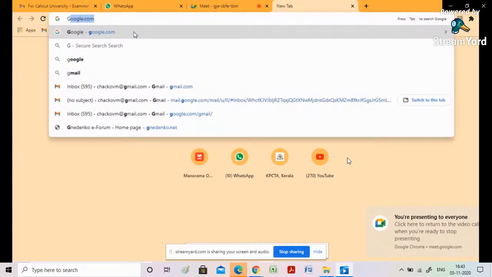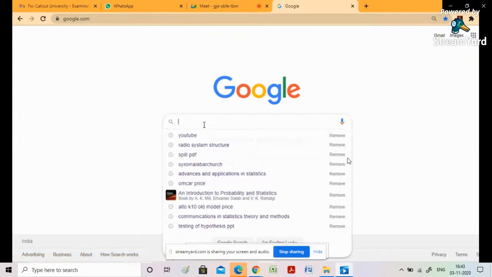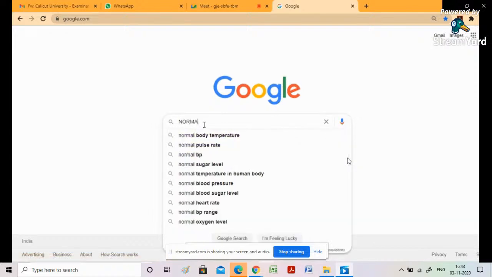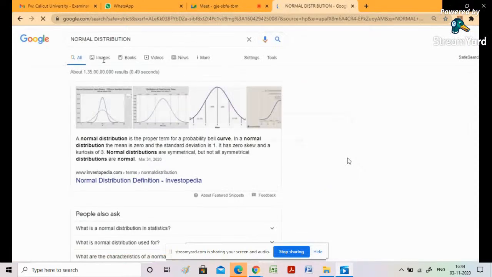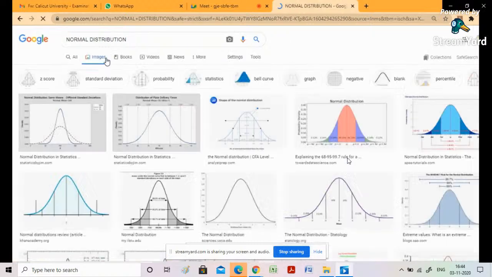The theoretical requirement of this frequency polygon is for the identification of distribution. Okay, you will study later. You might have heard of the normal distribution. What is the specialty of normal distribution?